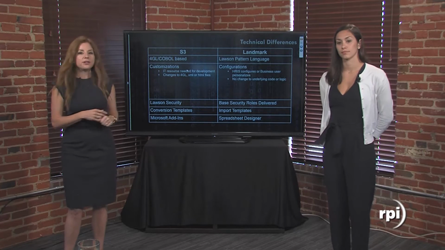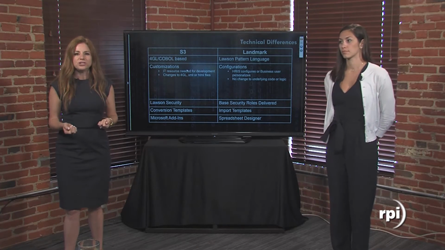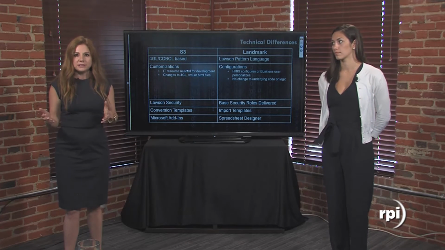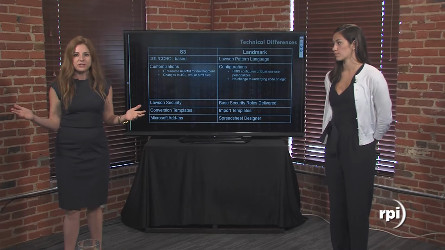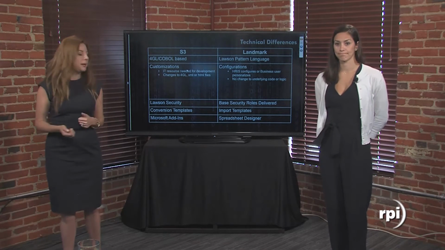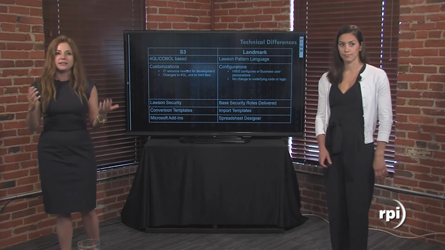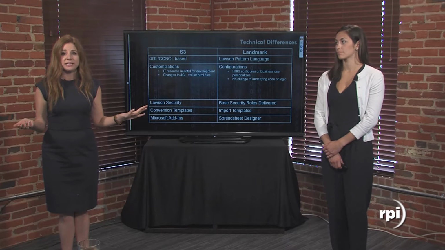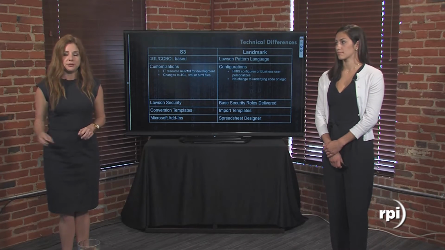Your conversion templates that you're used to using, the 500 jobs to upload, are not there anymore. You will use import templates, and they pretty much are spreadsheets that map out all of the fields and what they should look like, and usually you'll use Spreadsheet Designer to load them all up. Microsoft add-ins, Spreadsheet Designer, Jackie talked about that, very similar. The difference is you're not using a relational database anymore. You're using the business class system that you have to map to.